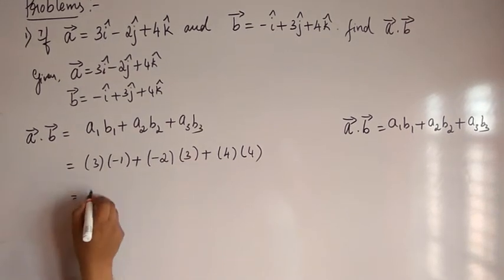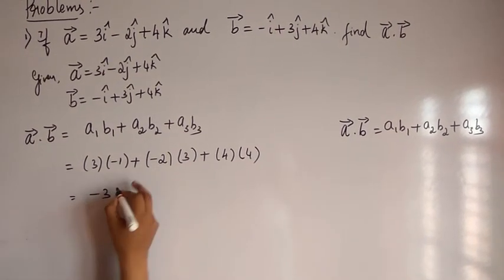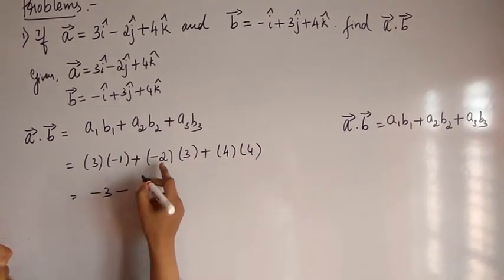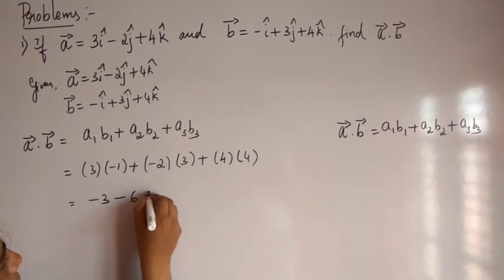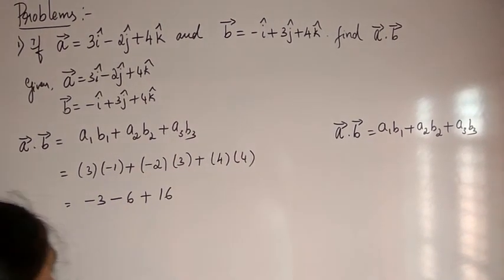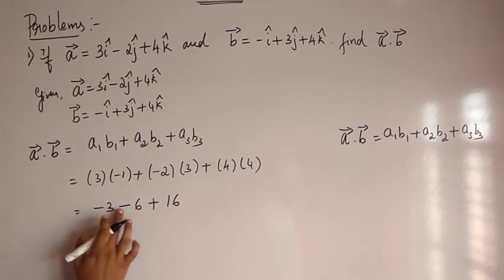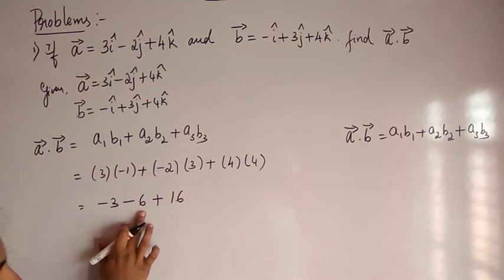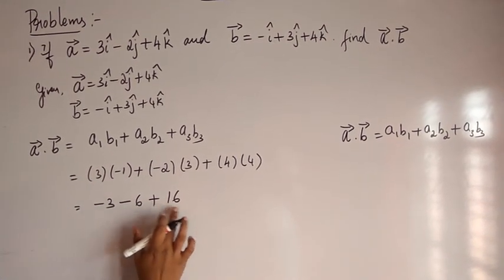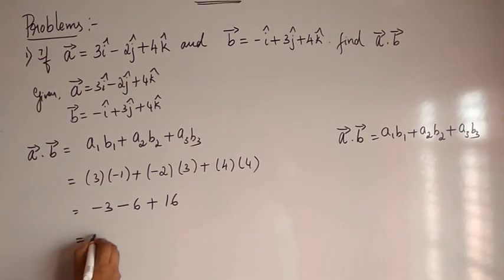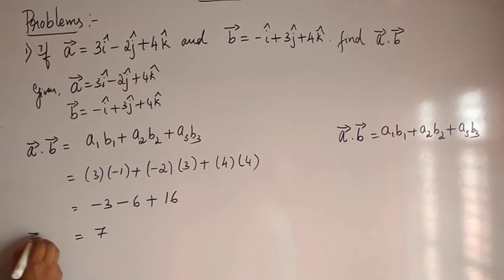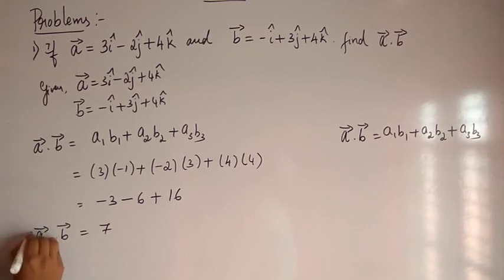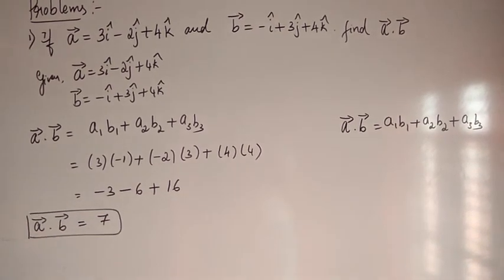So here 3 into minus 1 is minus 3. So plus into minus, minus 2 3s are 6, plus 4 4s are 16. Okay. So minus 3 minus 6 is minus 9. Minus 9 plus 16 is 7. So therefore we get vector A dot vector B equals 7.